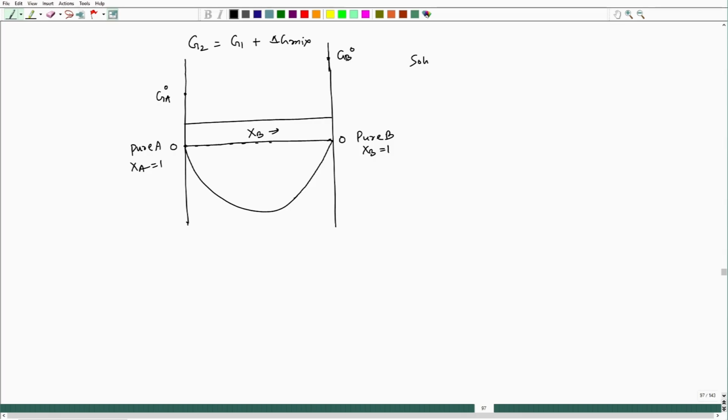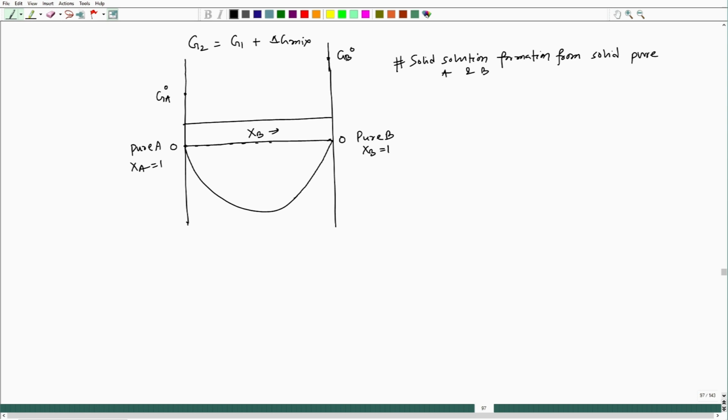Let us consider this for solid solution formation from solid pure A and B. That is the condition we are taking.